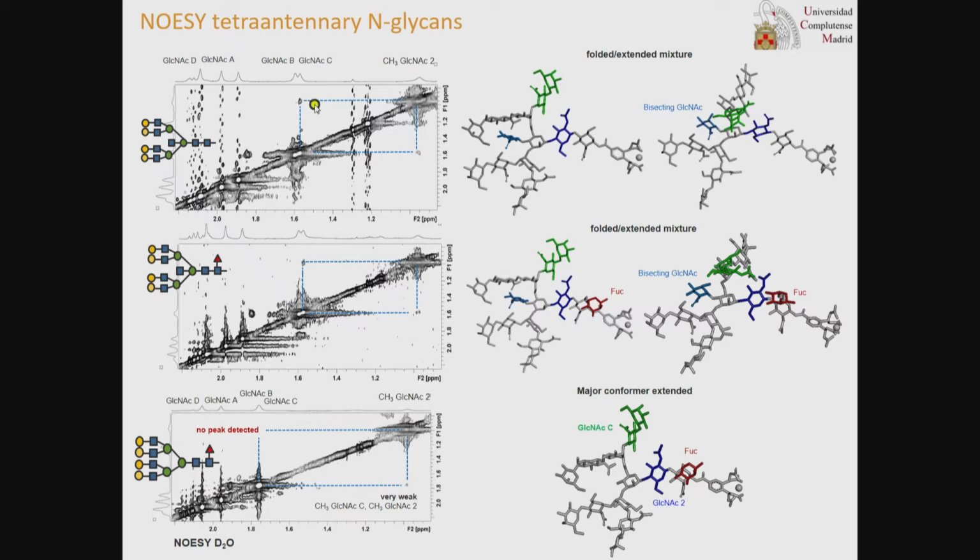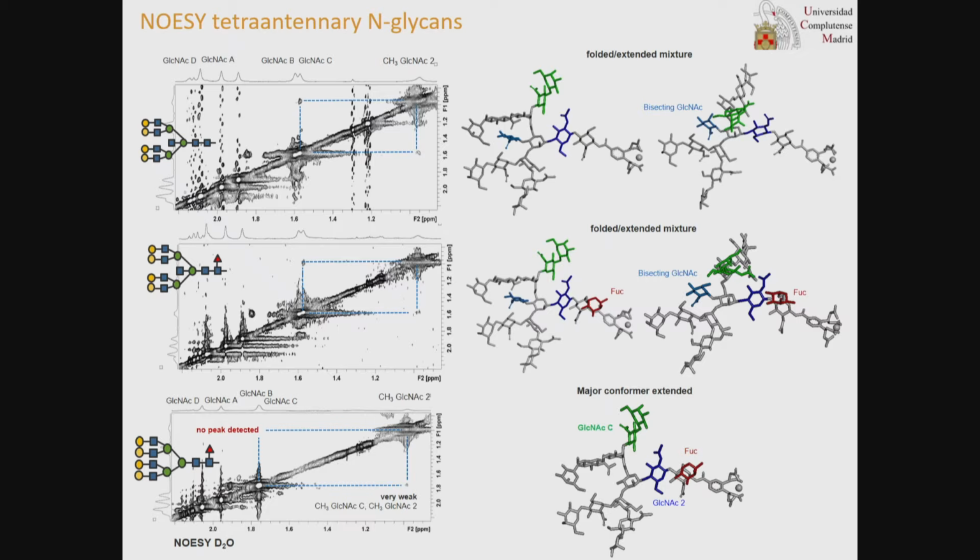We could detect an NOE in the bisecting structure between one of the arms and the GlcNAc, this one in blue, at the core. And that only happens if you have a folded structure, because this NOE cannot be explained with the standard structures, because in the standard structures, this is far apart from this one. You need to fold in order to reach this GlcNAc that is at the core.